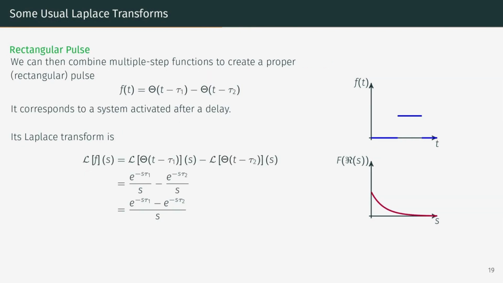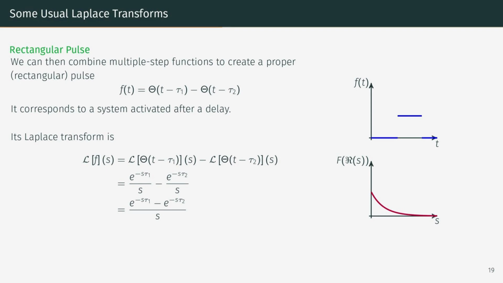We can then combine multiple step functions to create a rectangular pulse. We define this function as f of t equals theta of t minus tau 1 minus theta of t minus tau 2, which corresponds to a system activated after a delay. The Laplace transform for the function is given by the Laplace transform of theta of t minus tau 1 minus the Laplace transform of theta of t minus tau 2.